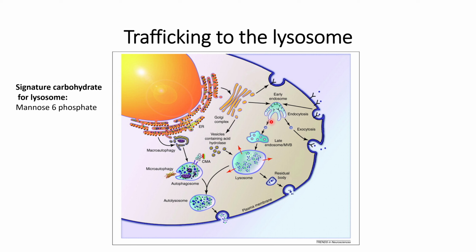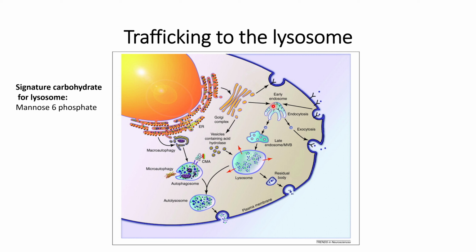After directing to the endosome, it will then move to the lysosome, where further breakdown of the protein occurs, and the amino acids are then recycled back to the cytosol of the cells.